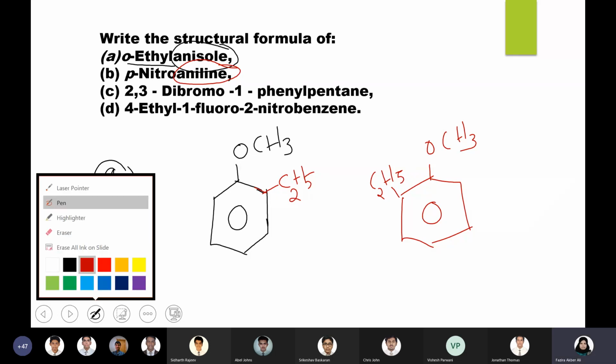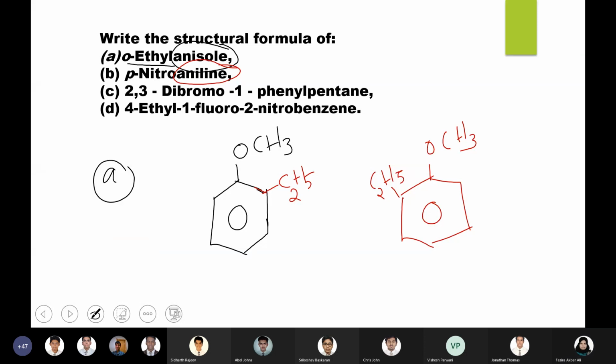So what is an aniline? Ma'am, aminobenzene. Yeah, aminobenzene. Correct, Siddharth. So a benzene ring with NH2 is known as aniline, and which is the para position to the aniline?